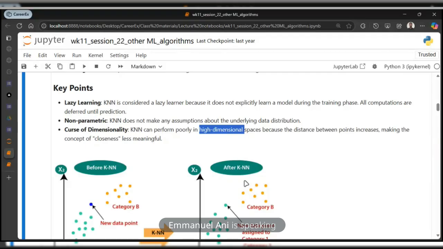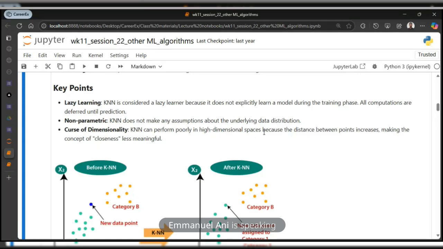KNN can perform poorly in a high dimensional space because the distance between points increases, making the concept of closeness less meaningful. If you translate what I've explained so far into a situation where you have a lot of features, calculating the distance becomes tricky, because that's the main thing that is being done in KNN.